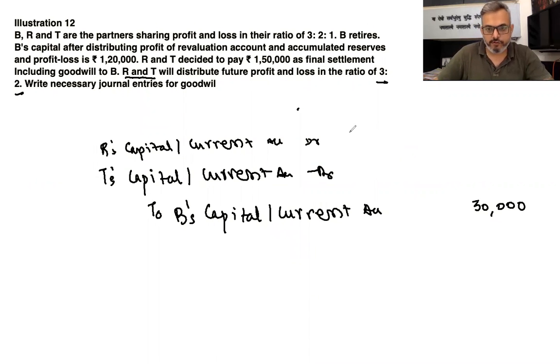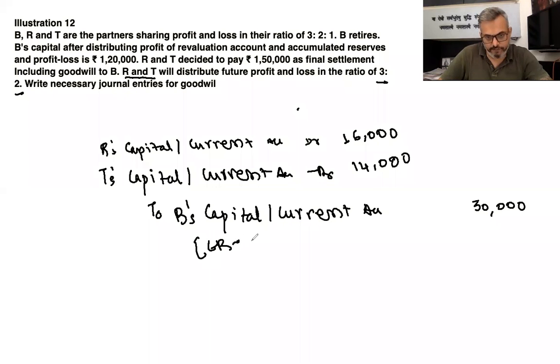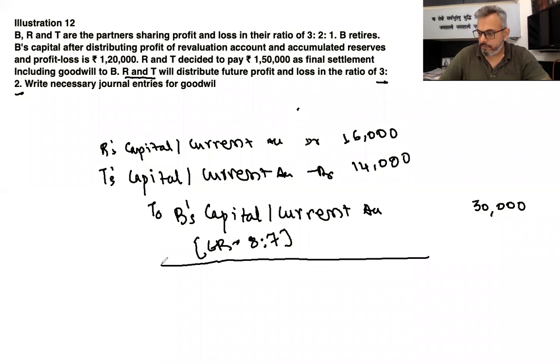So 15, so 2 8s are 16,000 and 7 2s are 14,000 in gain ratio, which is 8 is to 7. Got it, all of you?